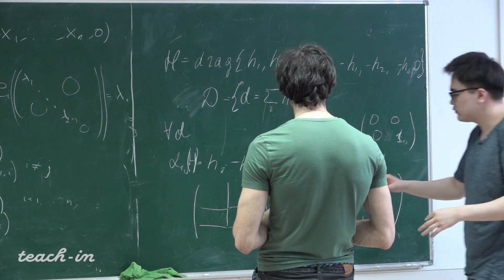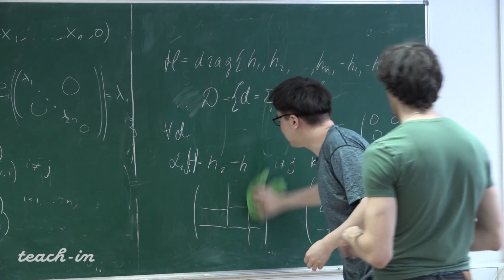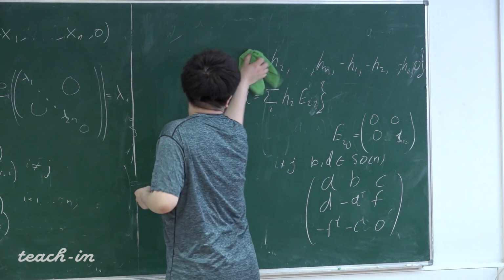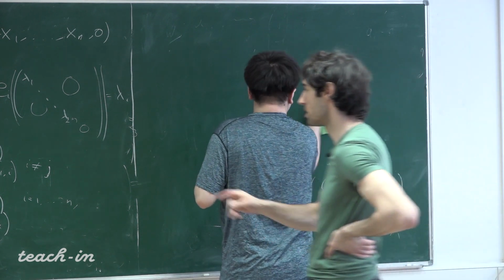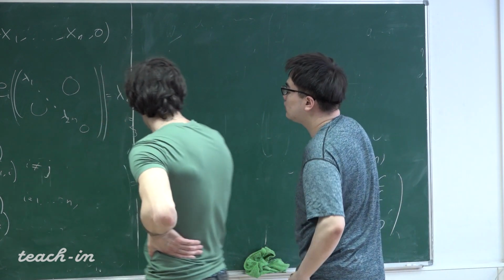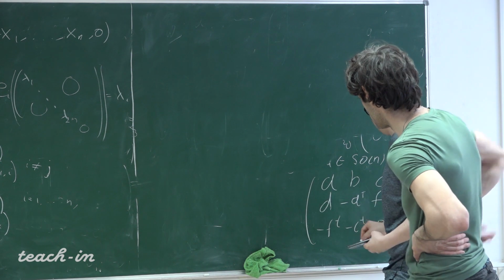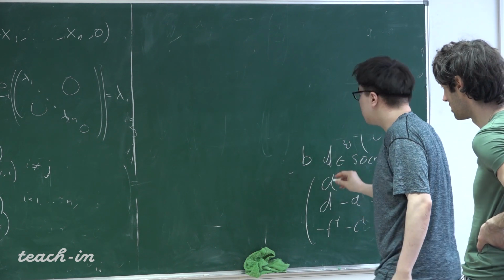I think it's some use further. That's involved. So maybe you can take some basis here, some element here, and see that it is actually an element in here, right?